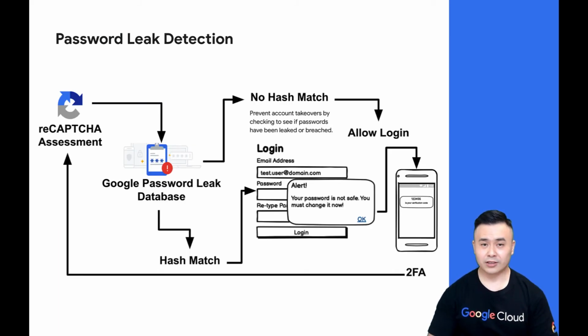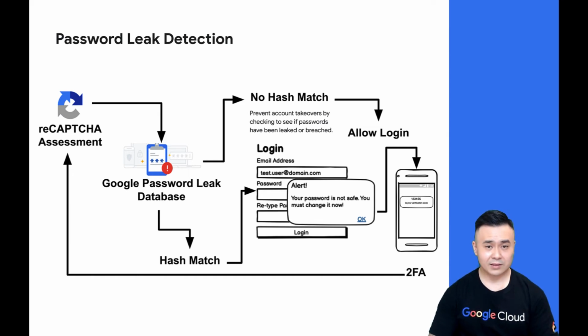Another feature I'd like to talk about today is password leak protection. Let's assume you have already implemented reCAPTCHA Enterprise on the login page of your web application. When the user tries to log in with the username and password, your web application backend sends an assessment to the reCAPTCHA endpoint, and we will take the username and password combination hash and compare it against a leaked database.